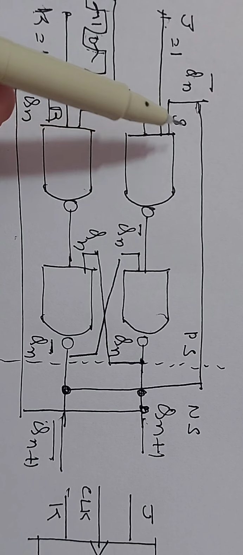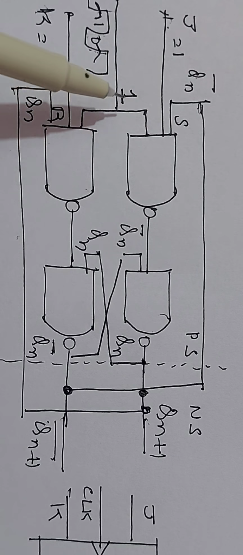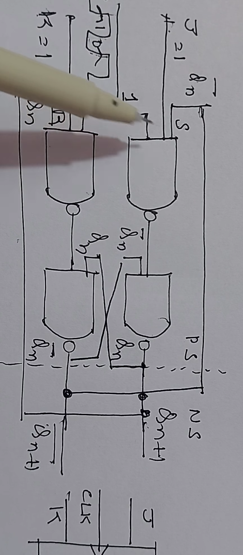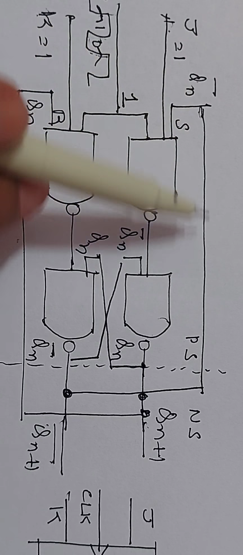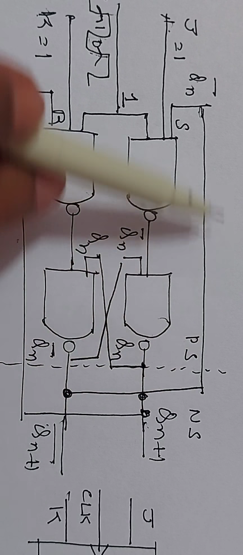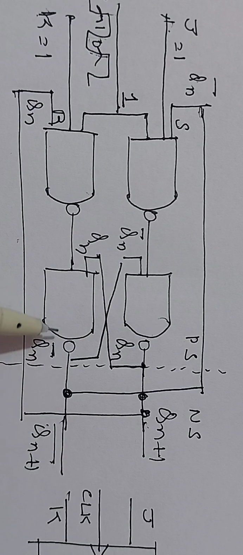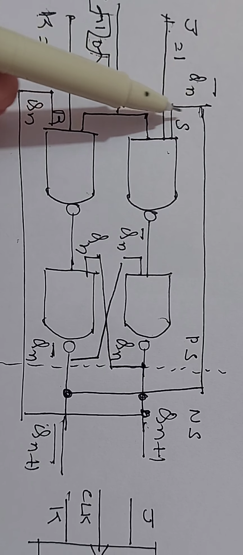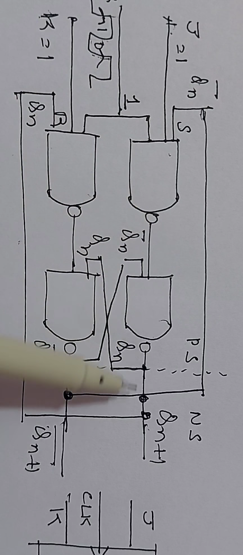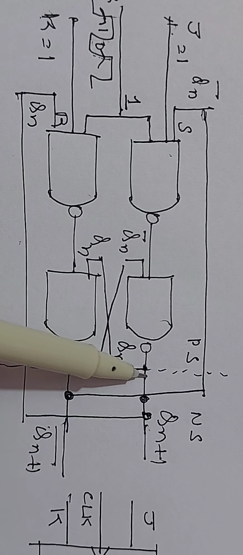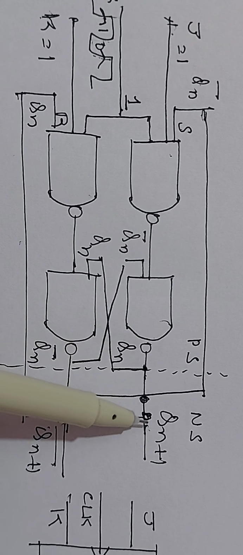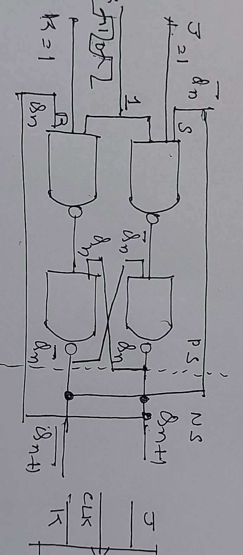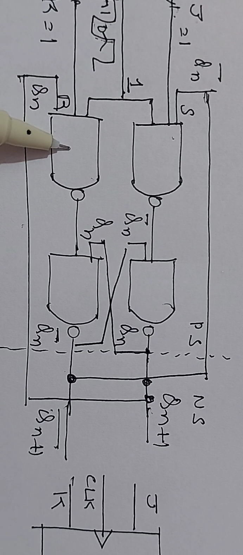I will write these S and R inputs. This is the clock input. Here is a feedback, Qn bar. This Qn bar is fed back to the input of this gate. Therefore, one input of this gate is Qn bar. Here this is Qn. This Qn is taken from here and fed back to the input of this gate.